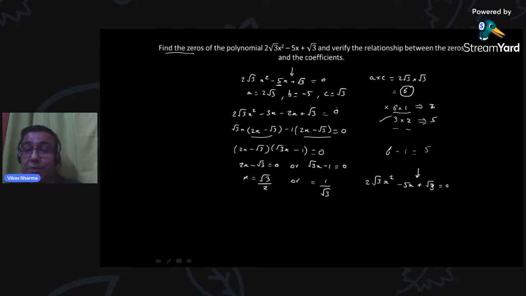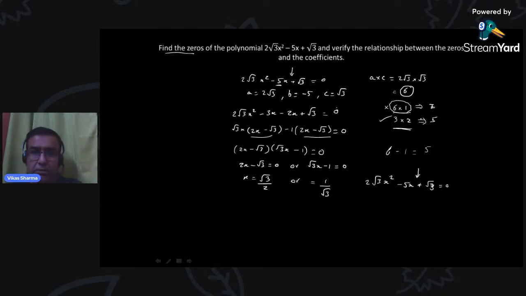So 6 into 1 we cannot take, because 6 plus 1 is actually 7. We have to add the two, so the only possible option is 3 and 2. Got it? Okay.